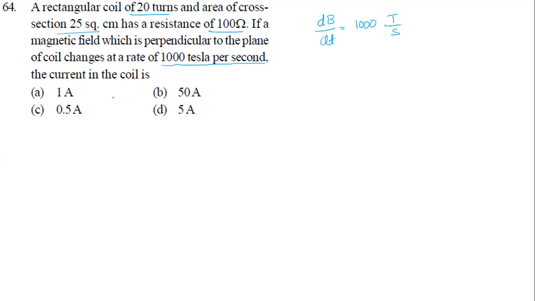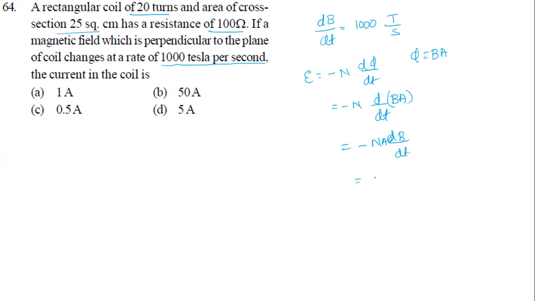Again we go for induced EMF equal to minus number of turns multiplied by d phi by dt, where phi is B times A. So minus n into d by dt of B times A. Here B is changing, area constant, so minus n into A into dB by dt.